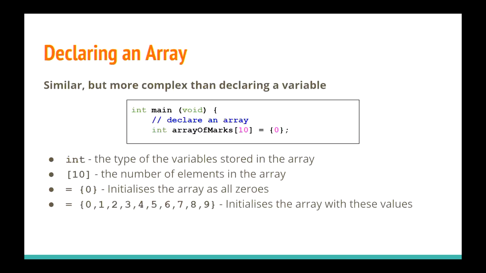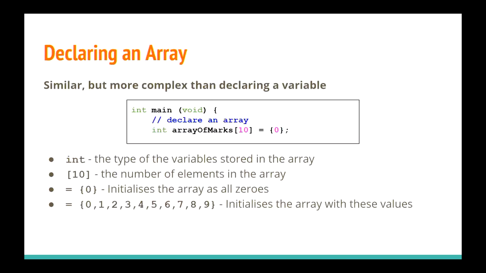So for the moment, this array here, with its square brackets and 10, means I go to my computer and say, I would like a 10 integer array. You can see that declaring it is really similar to declaring an integer variable. The only difference is the square brackets on the end.